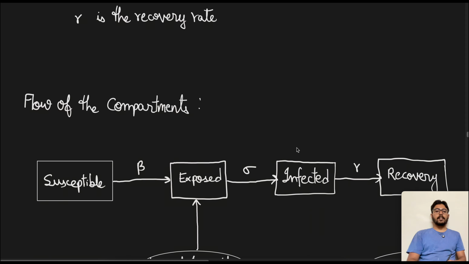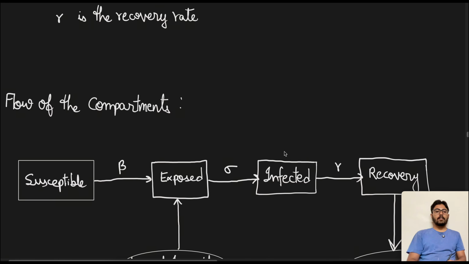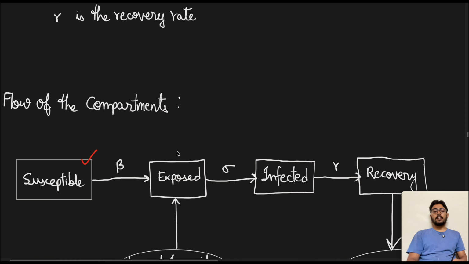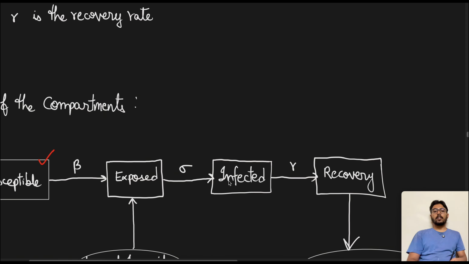If we look at it, the first component is obviously susceptible, because the entire infection cycle starts from here. From there we go to the exposed part using the transmission rate, then from exposed to infected using this sigma rate which we just discussed, and then from infected to recovery using gamma, right?